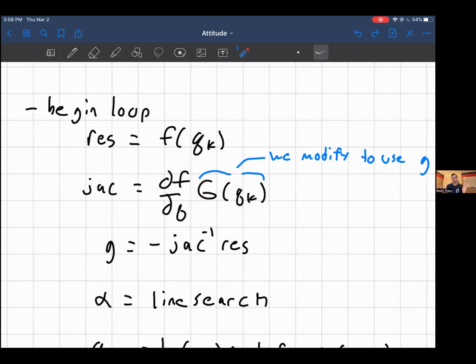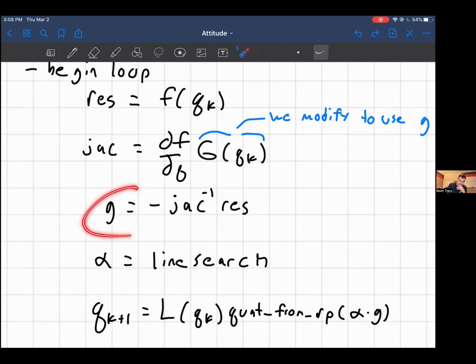I take this G matrix and shove it on the right-hand side, and this changes my dimensions such that I'm now thinking in terms of 3 parameters, not 4. Then I solve for this G, which gives me a 3-dimensional Rodrigues parameter that defines my step. Before I had delta x, now I have G as my step direction.